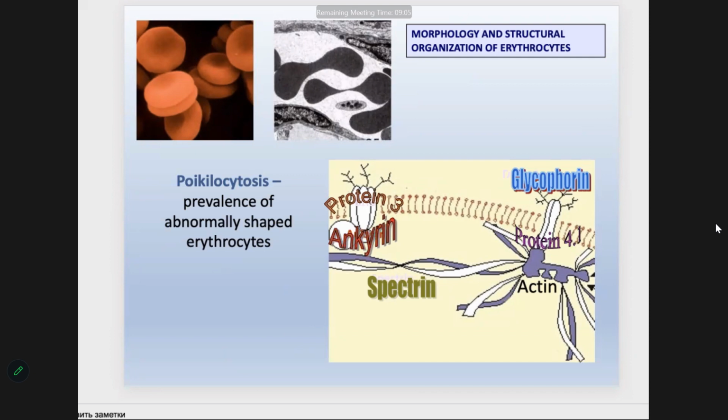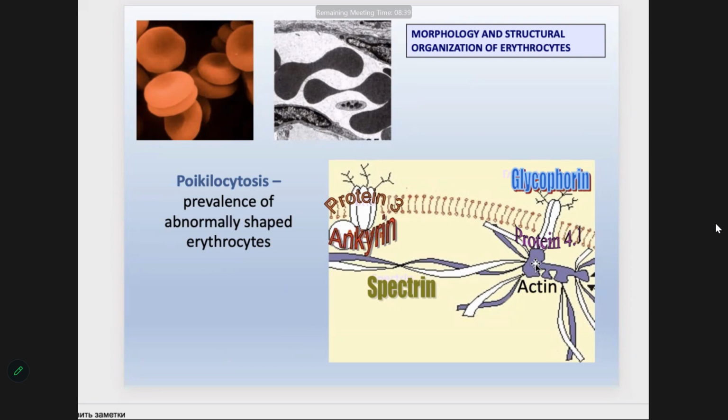More than 15 proteins are present in the plasmalemma, but the main proteins are shown on these slides. The names of these proteins are glycophorin, ankyrin, protein 3, protein 4.1. So these are the main proteins of the plasmalemma.